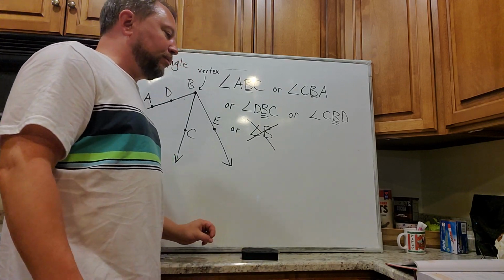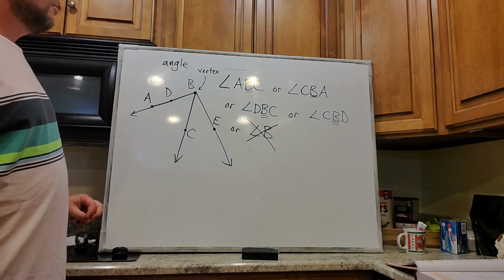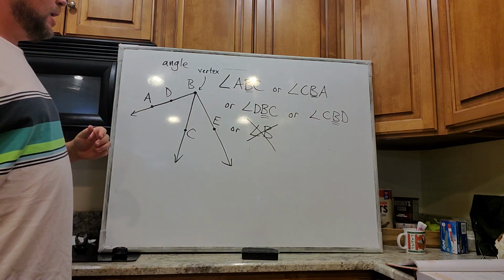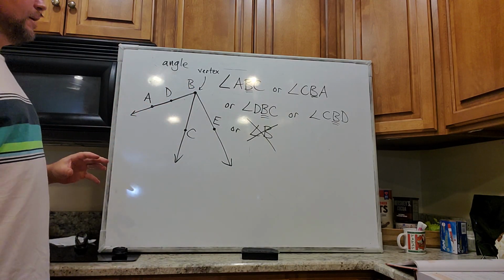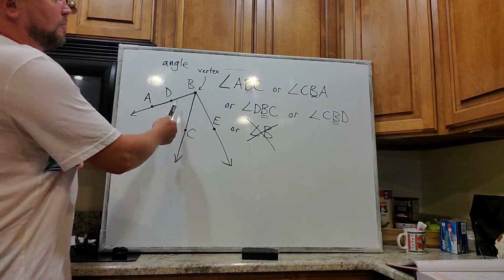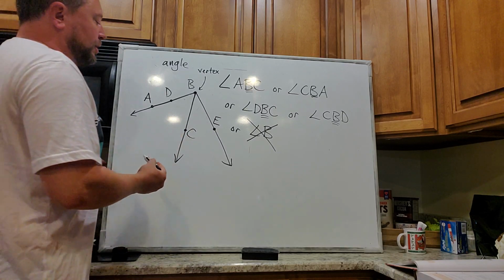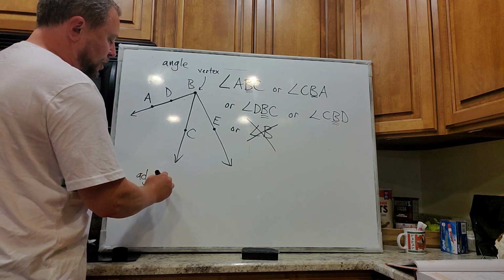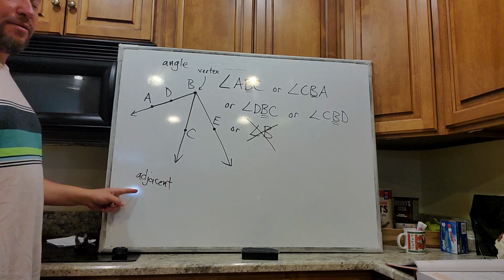All right, so now you know what a vertex is, what an angle is. What I've created here, by the way, you might even say is a pair of what we call adjacent angles. Think about that word adjacent.